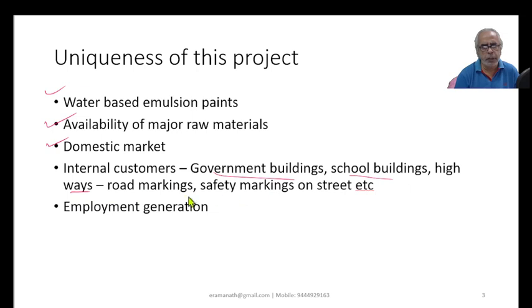As far as highways are concerned, you should know something about road markings and safety markings on streets, etc. And by starting these small scale self-help manufacturing units, you can generate employment locally.